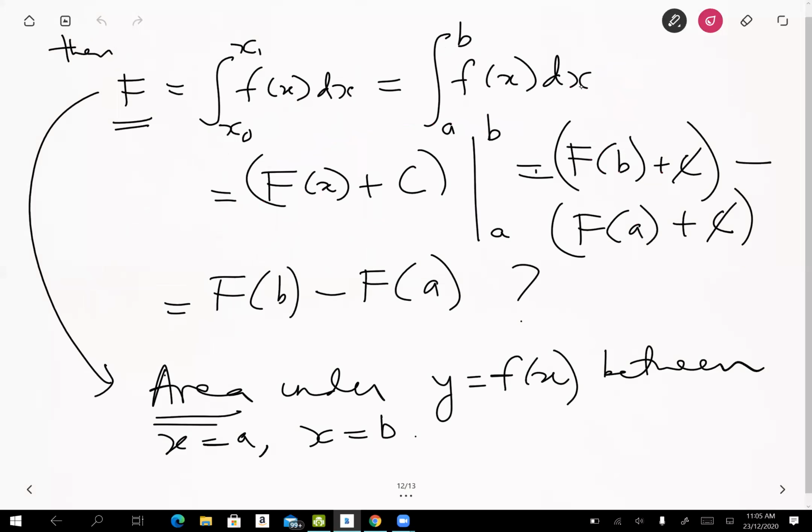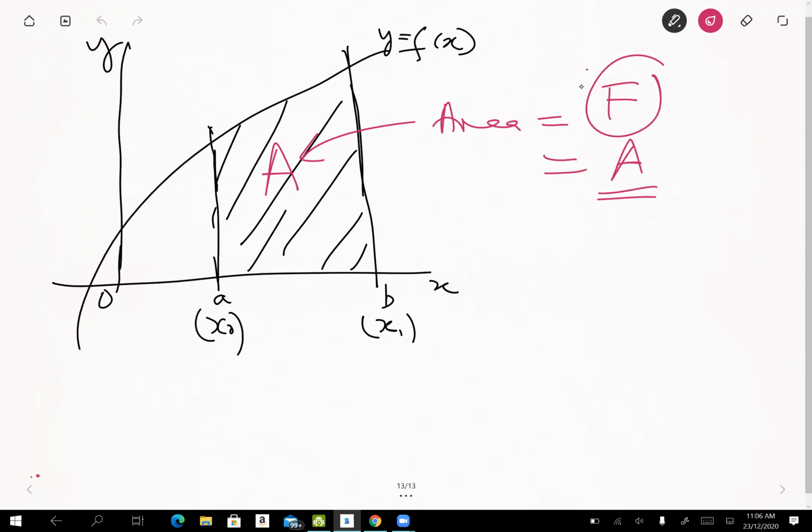It's the area between the 2 points, between the two values of x equal to a, x equal to b, under the function. So integrate the thing, and what I get is the area here.